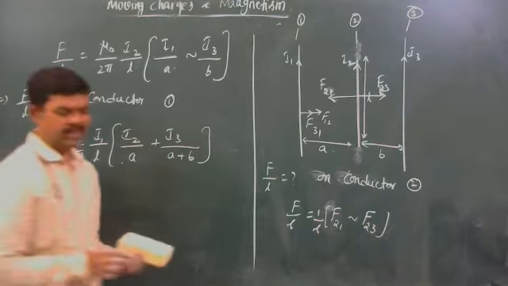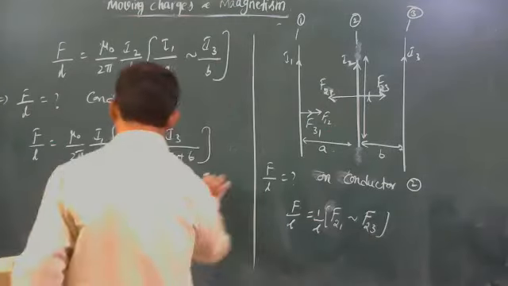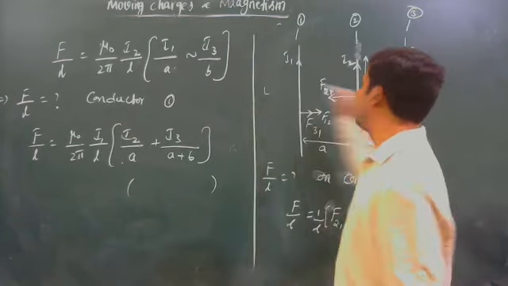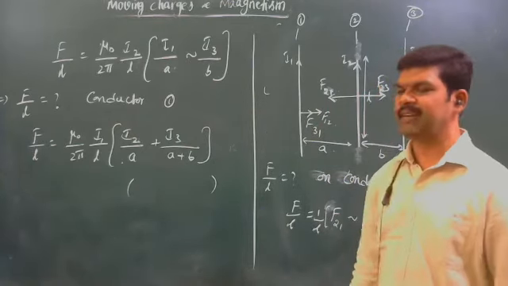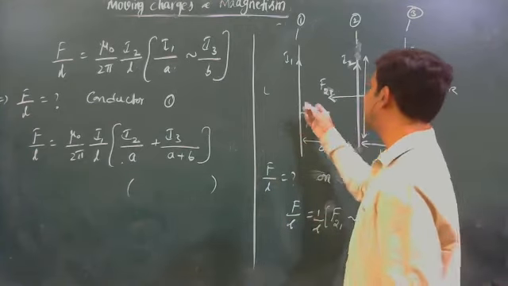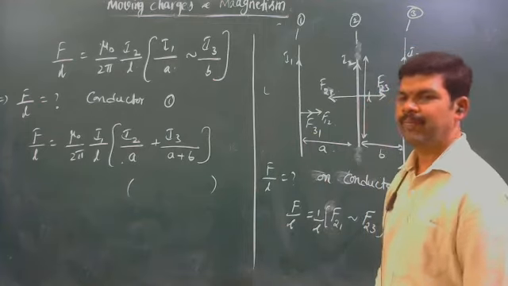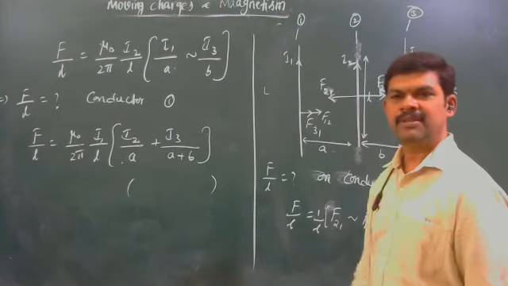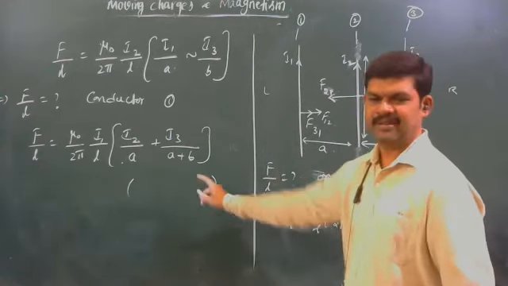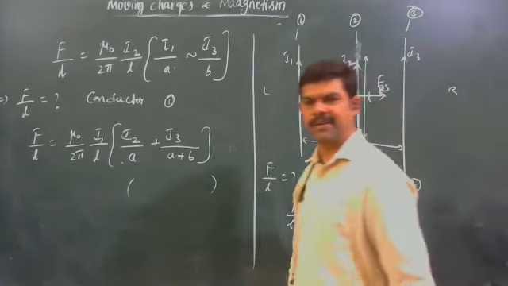If you are asked what is the direction of this force, it is towards the other conductor, left to right in this case, and in the other it is reversed, right to left.